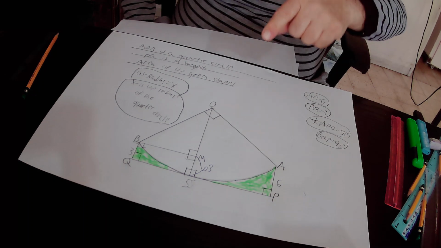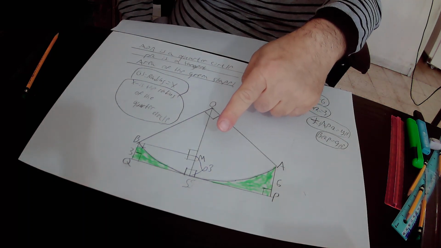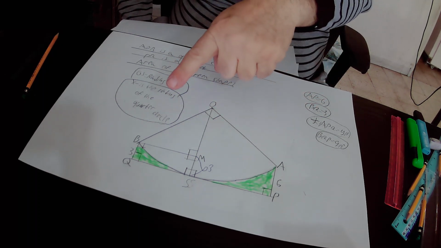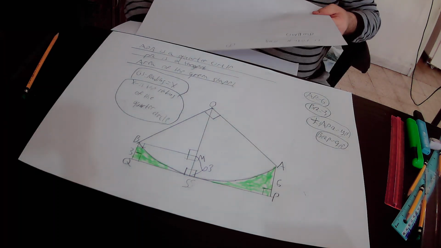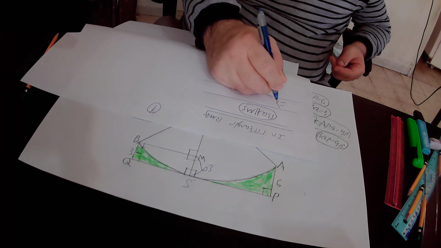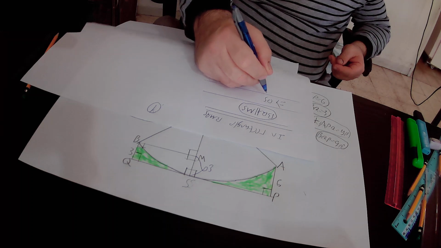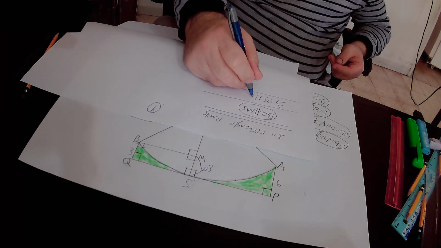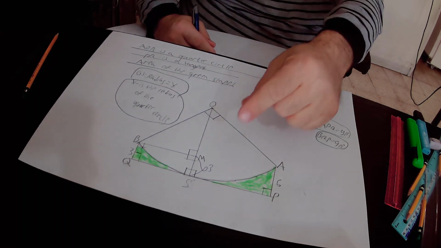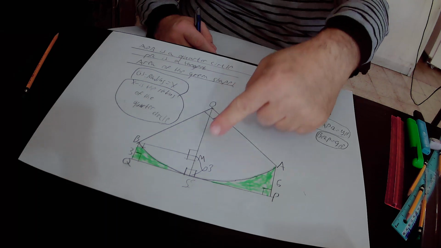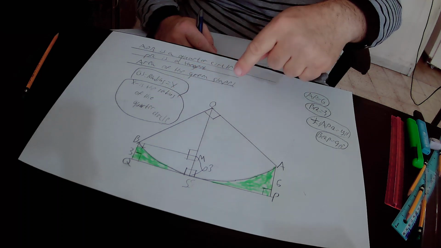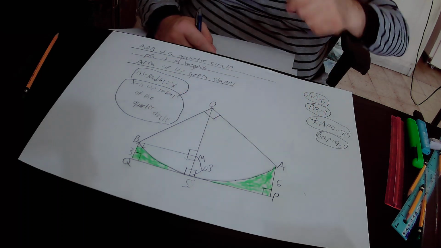So if part of the straight line OS is parallel to BQ, then the straight line OS itself must also be parallel to BQ. According to the rule that if a part of a straight line is parallel to another straight line, then the straight line itself must also be parallel to the other straight line. MS is parallel to BQ, so the straight line OS must also be parallel to BQ.